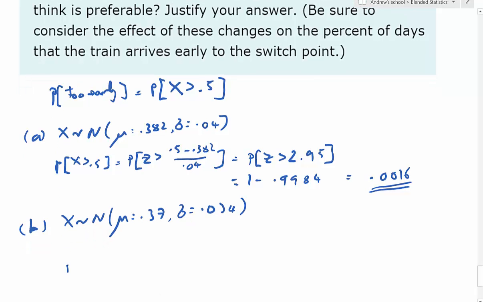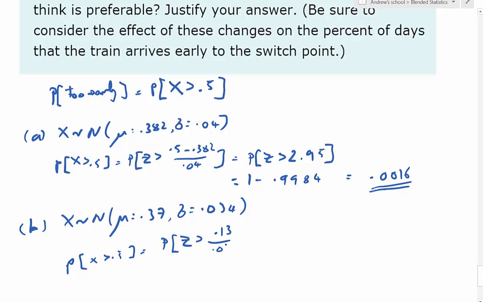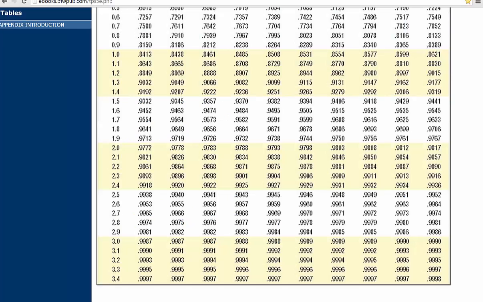And again, the probability that x is bigger than 0.5 is now the probability that z is bigger than 0.13 over 0.034, and that turns out to be 3.82 standard deviations. If we go to the tables, we note that 3.82 isn't even listed on the tables. It's so unlikely. We're already way beyond 0.9998. So according to the tables, this probability is minuscule and negligible.